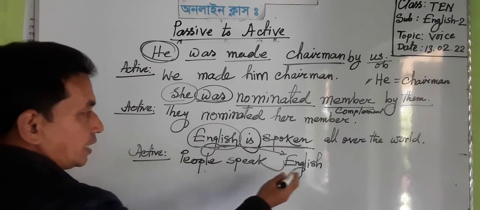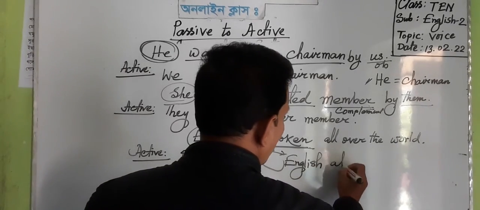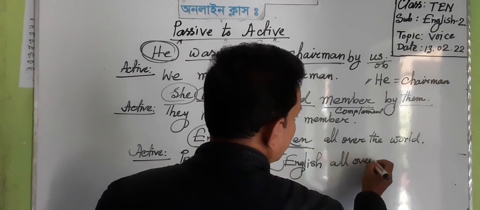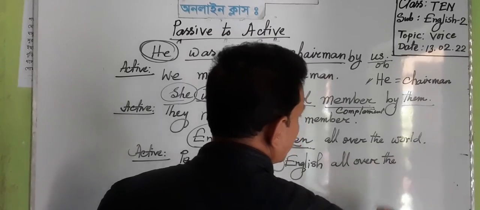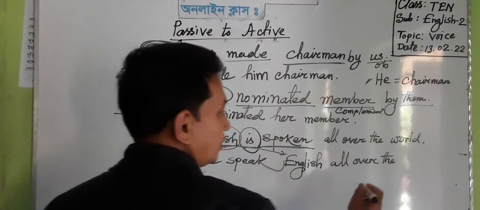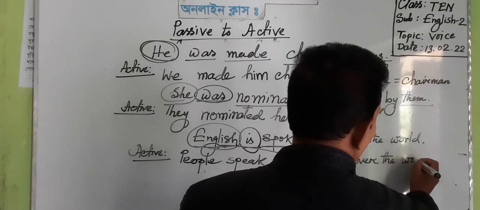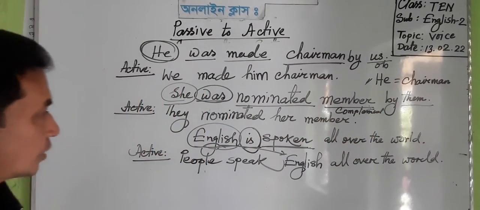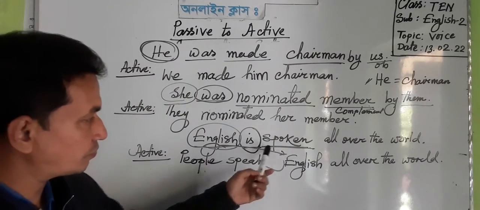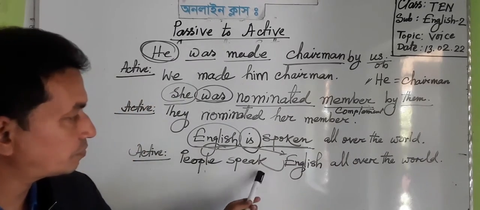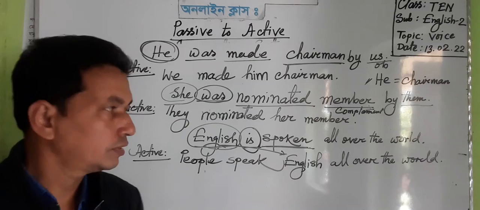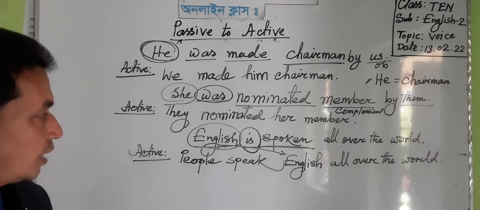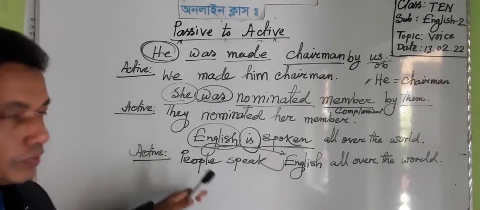So people speak English. All over the world is an extension of this sentence, and this extension will be written at the end. This is the answer of the question. English is spoken all over the world, and people speak English all over the world. This is the change of passive to active.